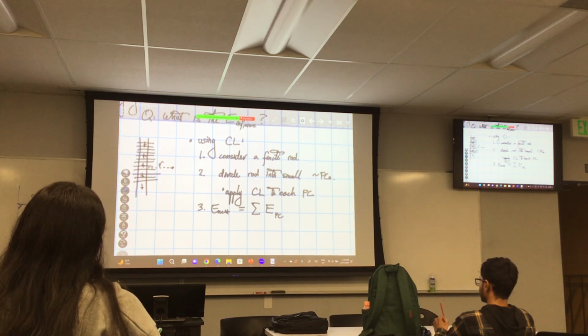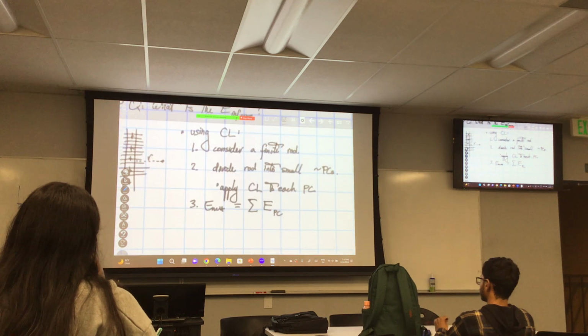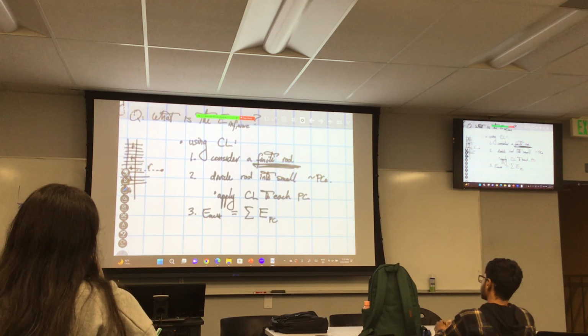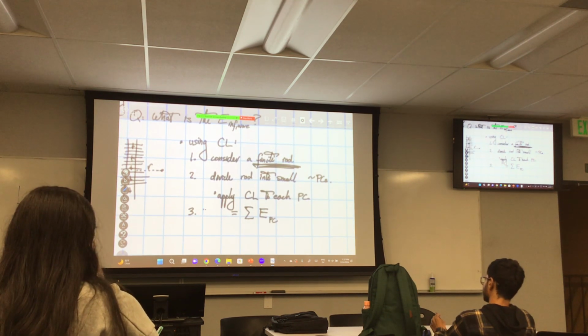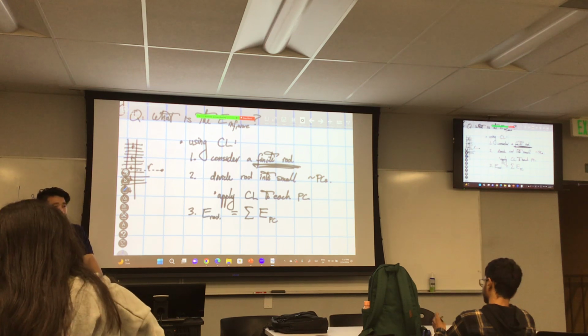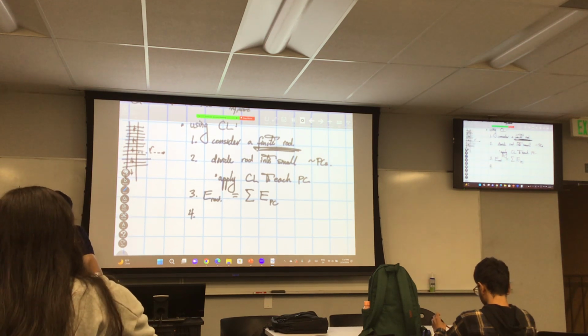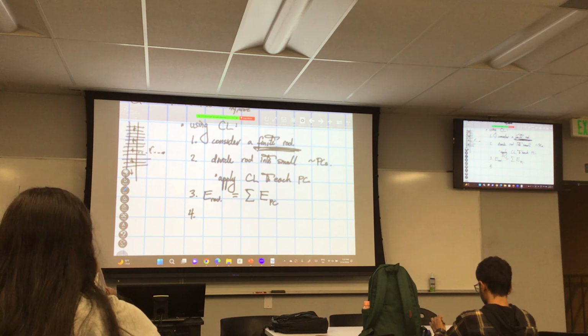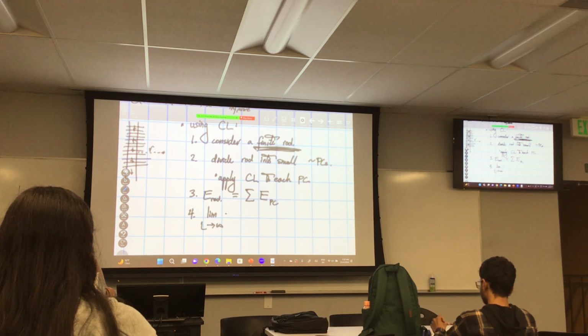And we're still not done, because this is the electric field of a finite rod. To get to an infinite wire, you would have to take the limit as the length of the rod approaches infinity, and then you would be able to get the electric field of an infinite wire.